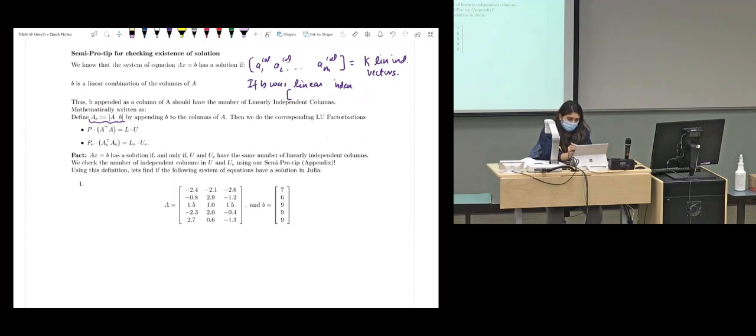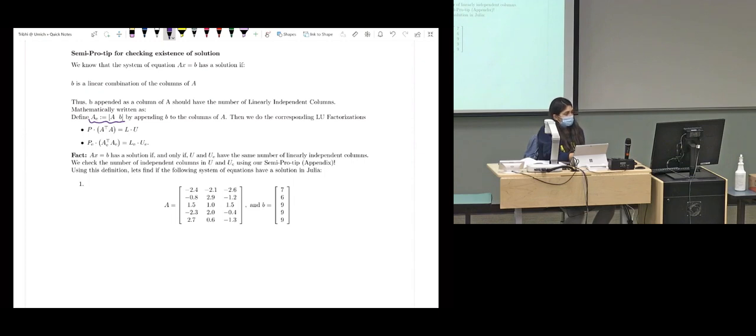So now that we've seen why that intuitively makes sense, we know how to count the number of linearly independent columns in any matrix. And we do that using the LU factorization, getting the U matrix, and then counting the number of linearly independent columns in that U matrix.